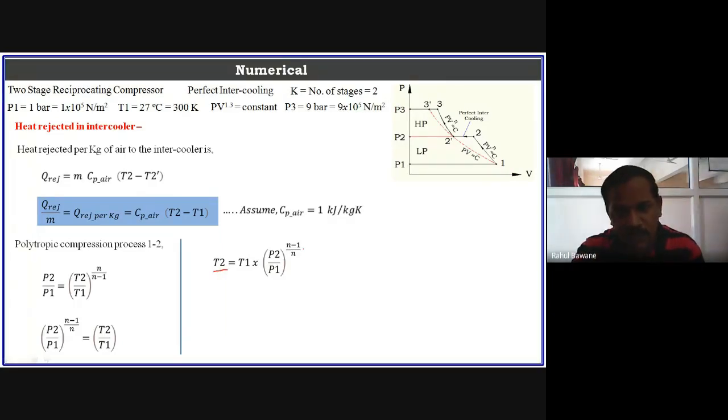So T2 will be T1 into the pressure ratio raised to the power n minus 1 upon n, and we know that n is 1.3. P1 is given. P2 we already found out, the perfect intercooling intermediate pressure. So from this we come to know our T2 temperature is 386.57.